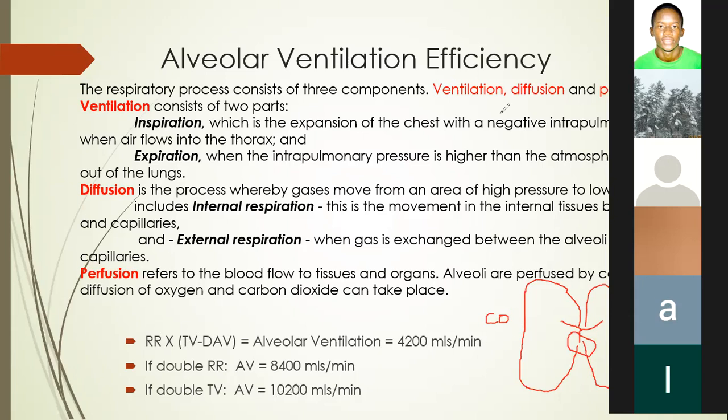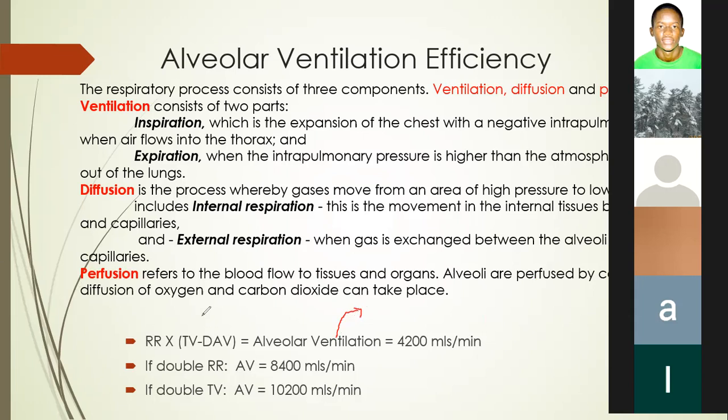Now, when we are talking of efficiency, alveolar ventilation is the one determining how much air is available for exchange. So if the alveolar ventilation is high, you have a lot of air available. If it is low, you do not.